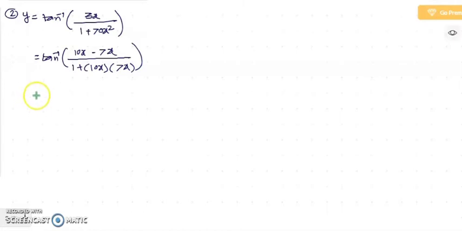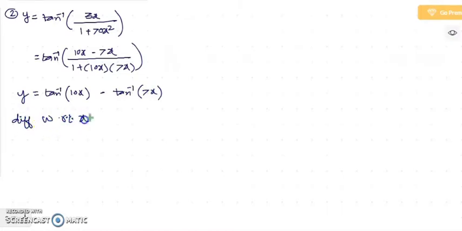Now this is written by the formula as tan inverse of x minus tan inverse y, that is tan inverse of 10x minus tan inverse of 7x.